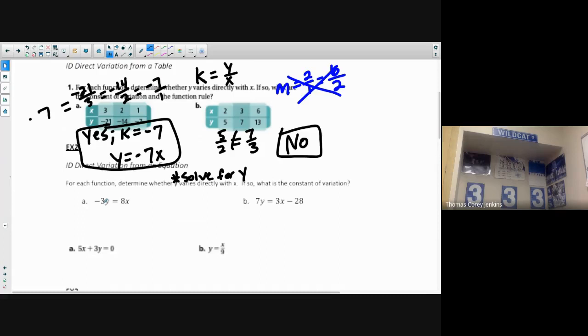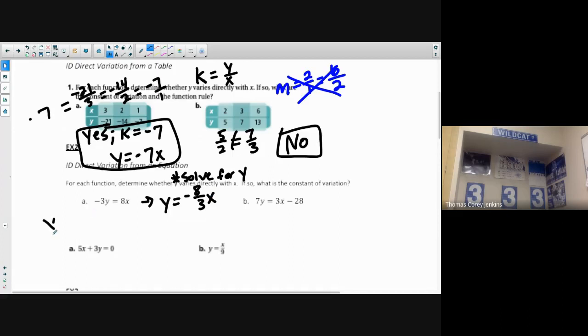All right, so how do we solve for y on example A? We need to divide everything by -3, giving me y equals -8/3 x. In this example, it would be direct variation, and I know that because there is no constant.